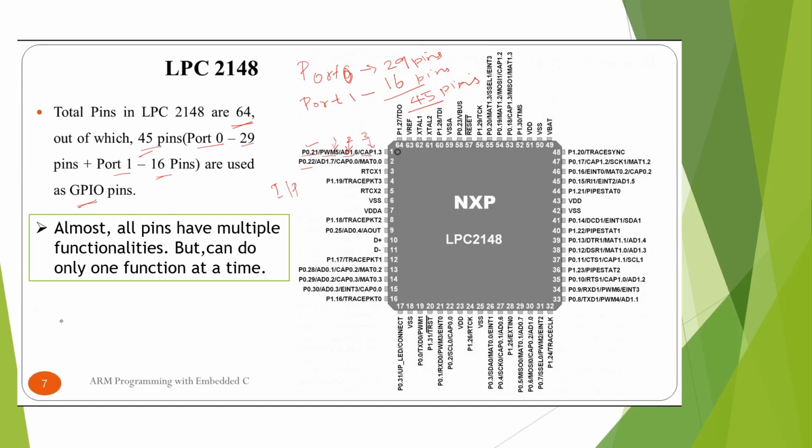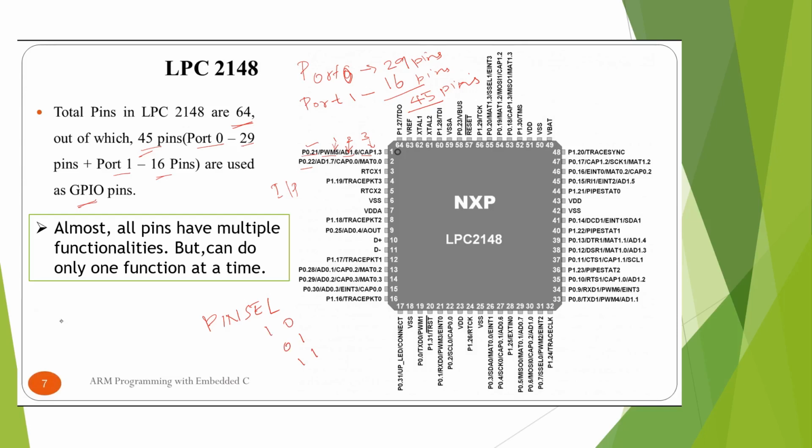Here comes the question: how do I choose the secondary operations? There is one register called pin select. In the pin select register, for the secondary functions, there is a designated value. For the first secondary function there is a designated value, and for the second secondary function there is another value, like 10, 01, 11.